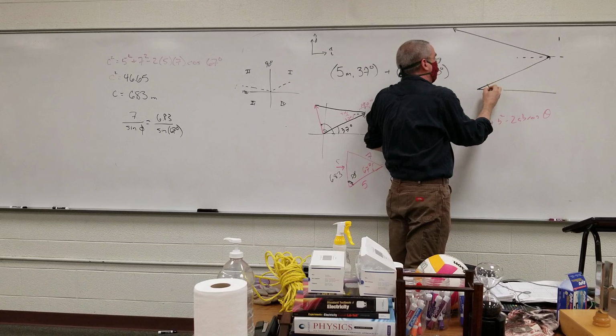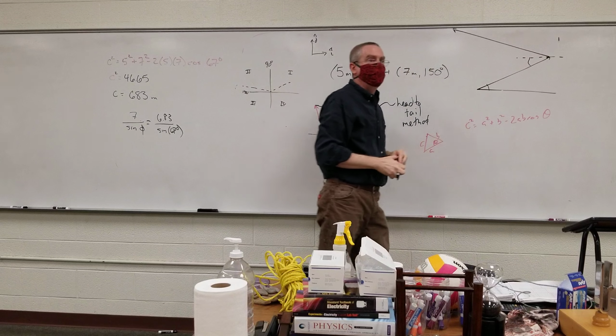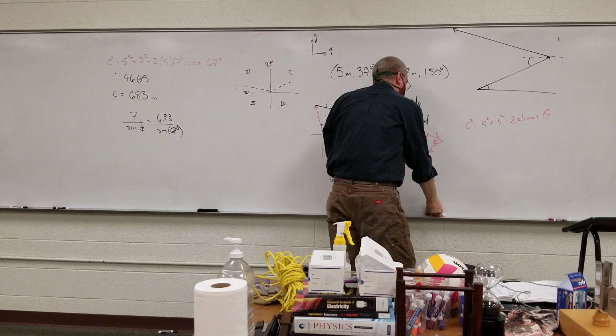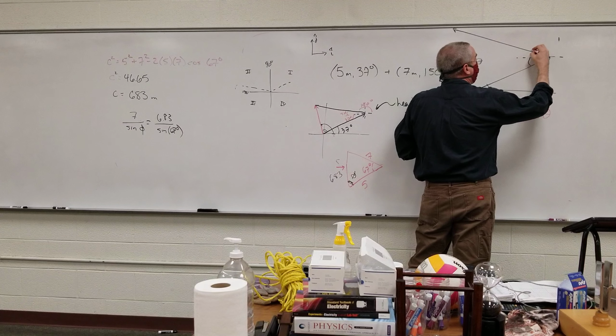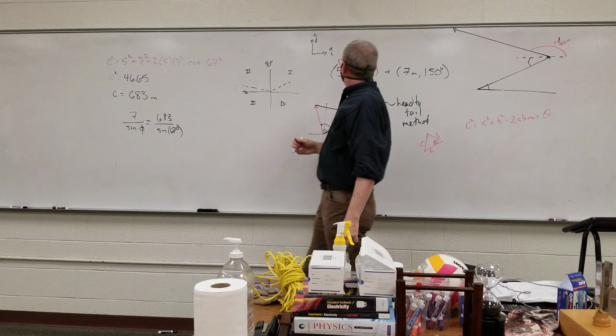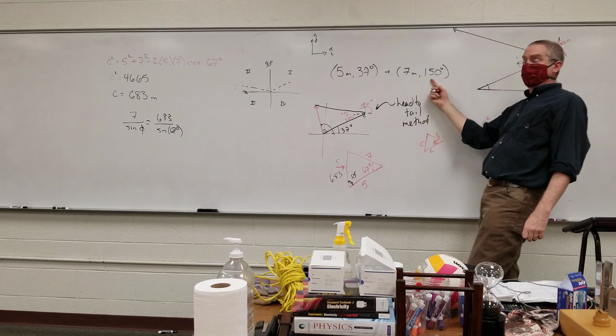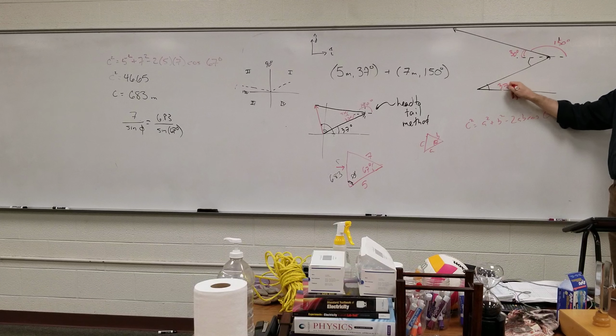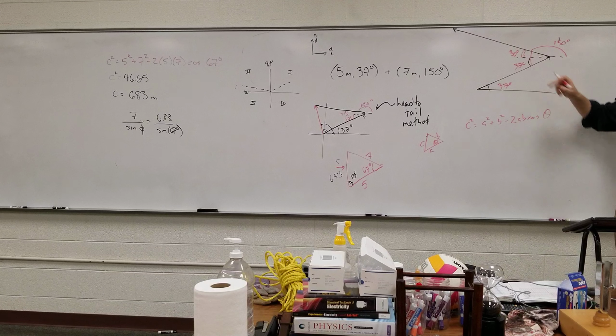Alternate interior angles. And then for this one right here, I know that is 150 degrees because that's the problem. And so this angle here must be 30 degrees. And that's 37 degrees, that's 37 degrees. And so this full angle is just the sum of those two.